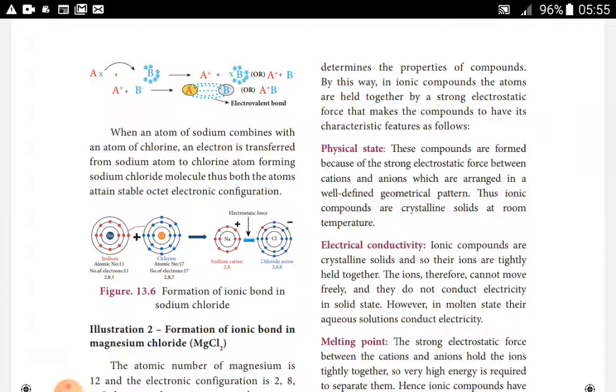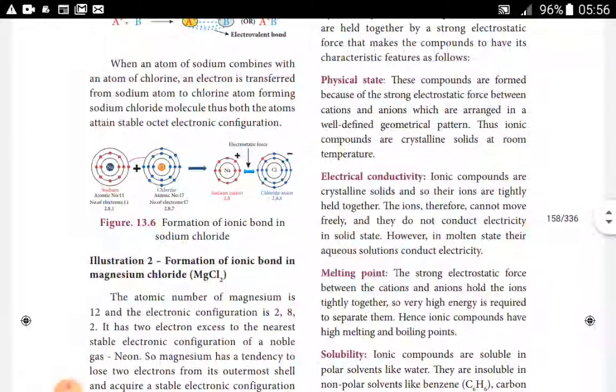Because of this, the properties of these ionic compounds are entirely different. Because a strong force is developed, they are going to be solid, rigid, and will not easily conduct electricity at normal conditions. So there are important points that we are going to learn.